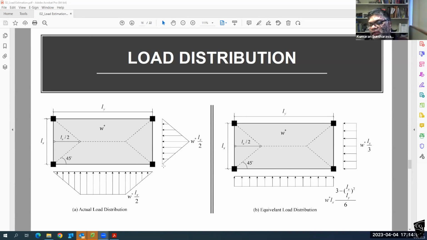So when you have triangle distribution and trapezoidal distribution, you should have equivalent loads. So you should use this one because to draw the bending moment diagram for the beams, you need the uniformly distributed load. You can't use that 6.10 with triangle distribution or trapezoidal distribution. Okay. Is it clear?